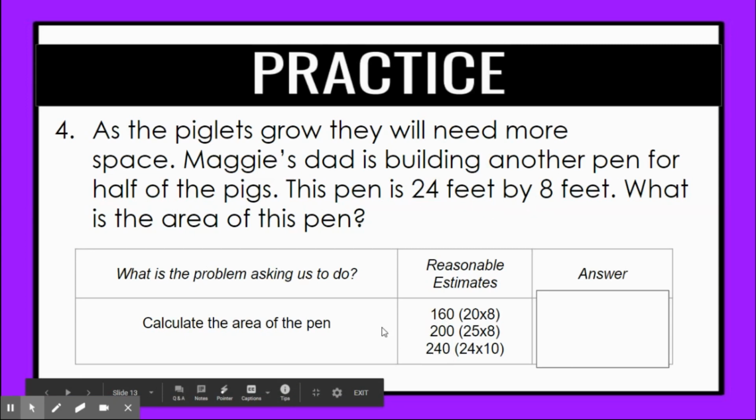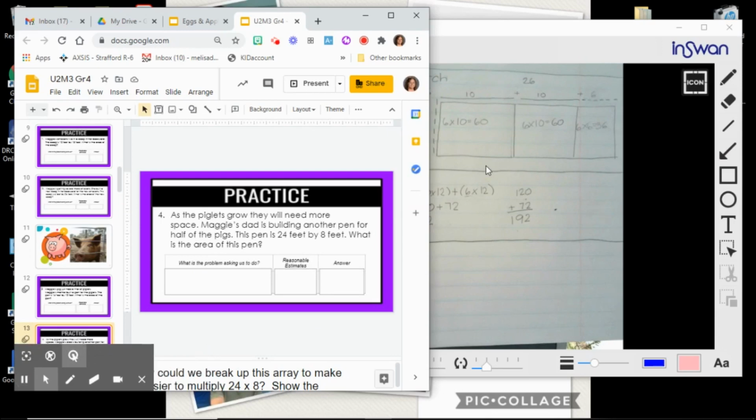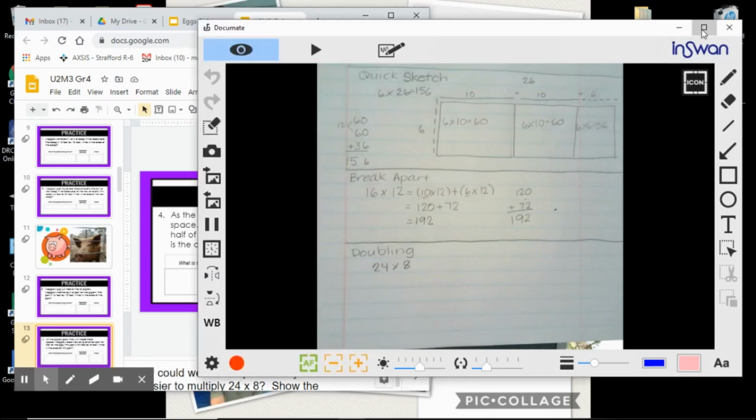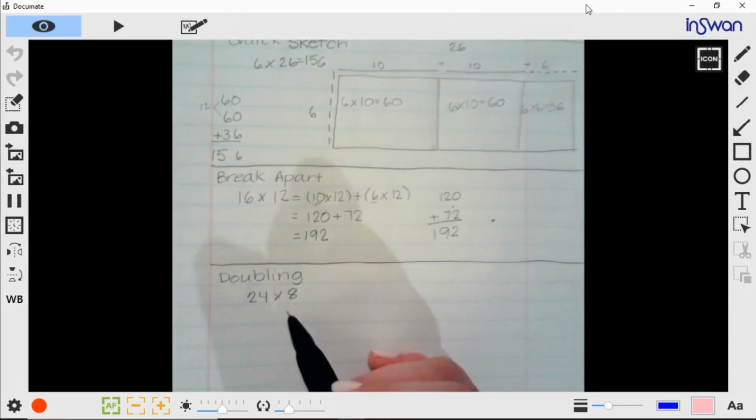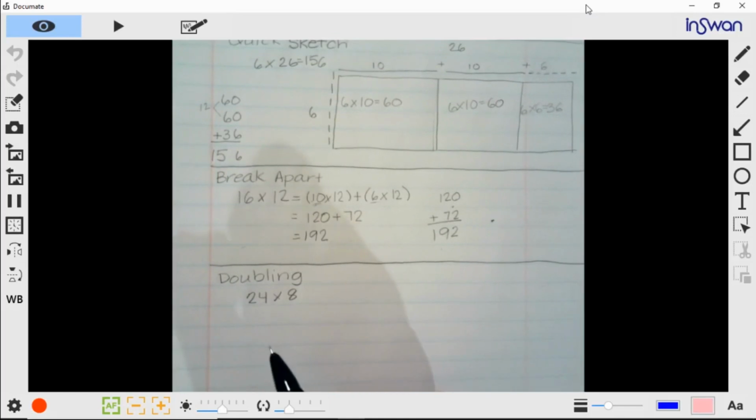So now let's go back to our notebook and let's work this one out. For this one, last one together, we're going to do doubling. So we've got 24 times 8. We can do this a couple different ways, just like everything else. We could split the 24 in half and do 12 times 8 and then double that. We can also do 24 times 4 and double that.